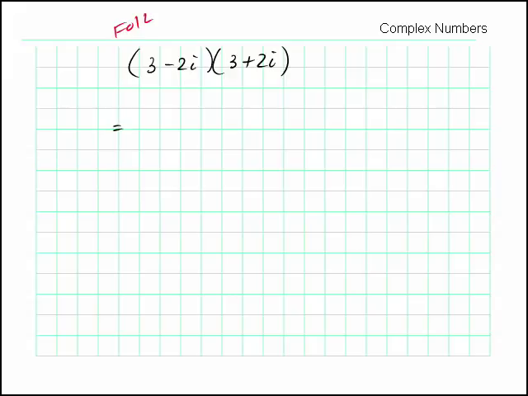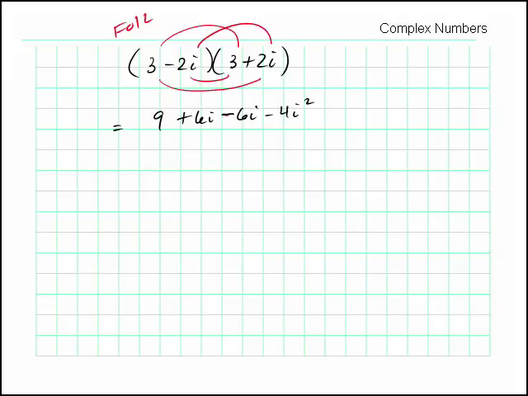Let's see what we get. 3 times 3 is 9. That's going to be 6i. This times this is negative 6i. And then finally we've got a negative 2i times a positive 2i. That's minus, not plus, it's minus 4i squared.